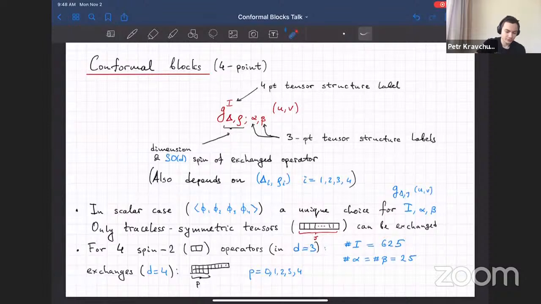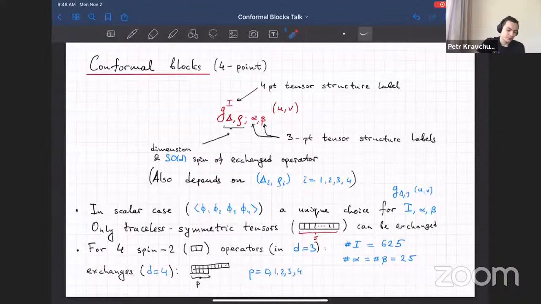If you take, say, external operators to be 4 spin 2 operators, then these rho I's will go over various Young diagrams. There are 2 rows in 4D. In higher D, it's even more rows, up to 4-row Young diagrams. And the first row is not constrained, so it can be any length, but the subleading rows will have some selection rules on them, but there will be many of them, not just traceless symmetric.